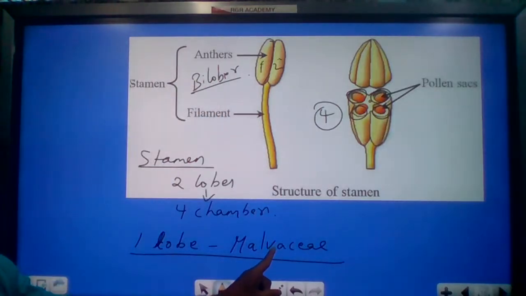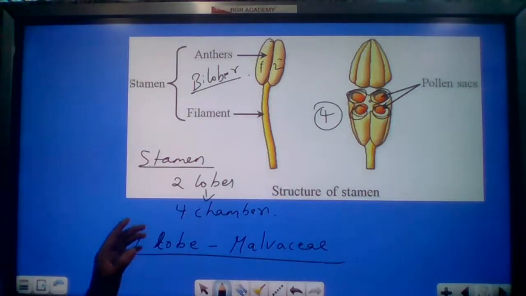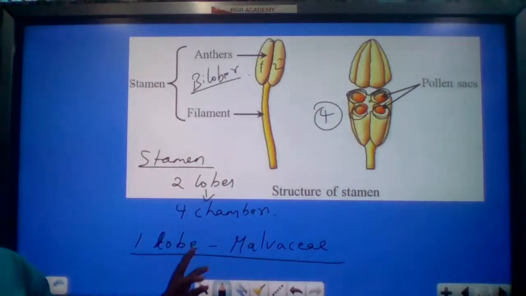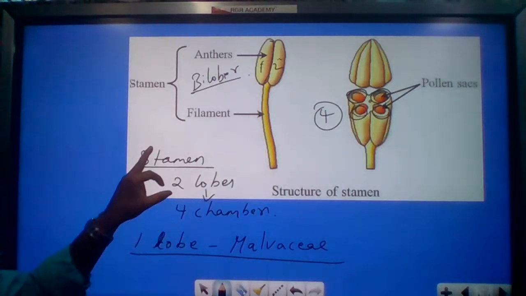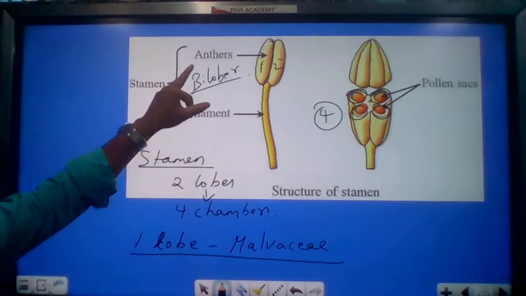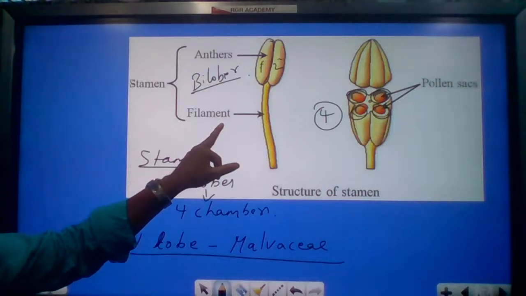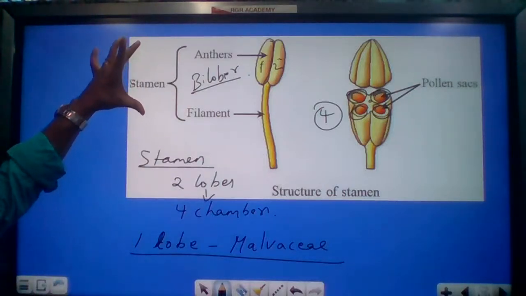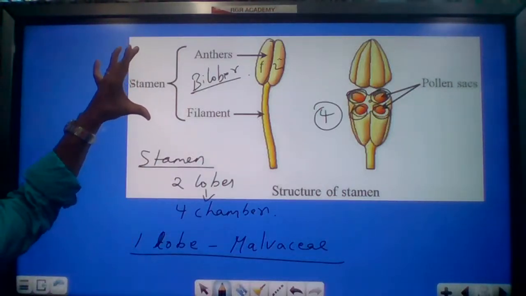The majority of angiosperms have a bilobed structure, which you should remember. The stamen consists of the anther part and the filament. Together we call it a stamen. This is the male part of the flower.